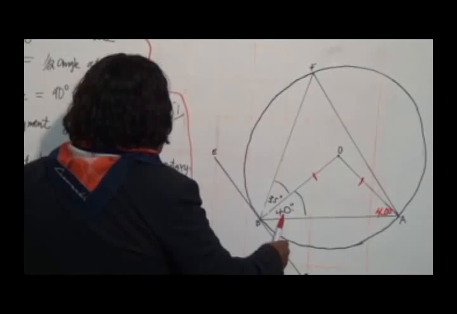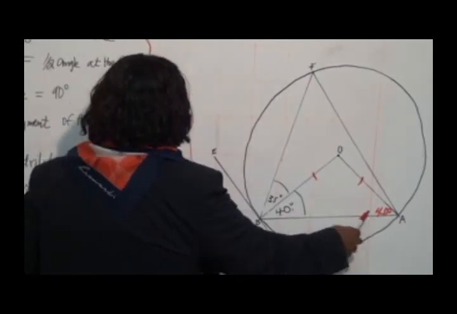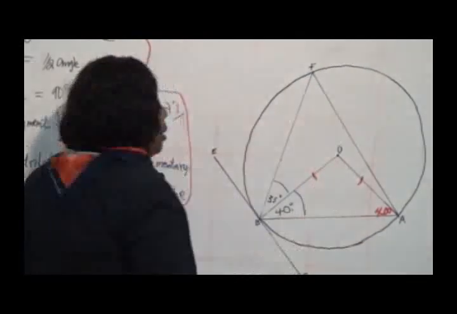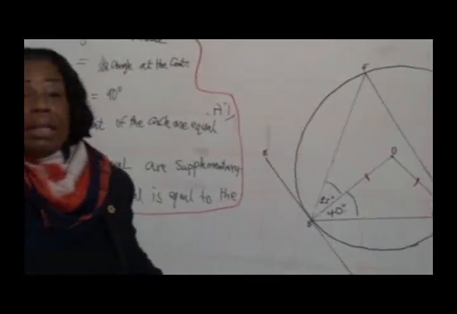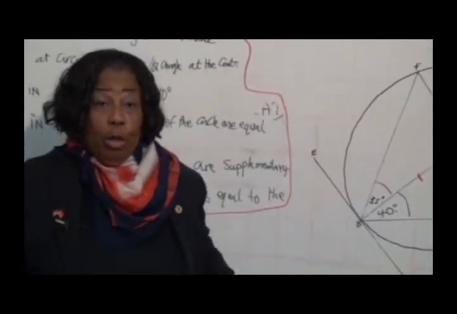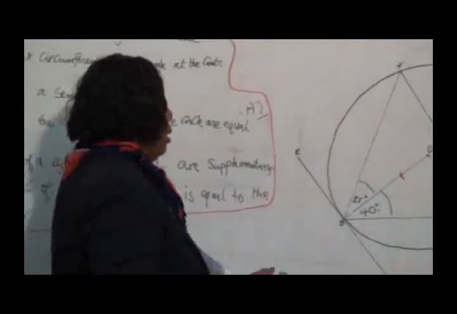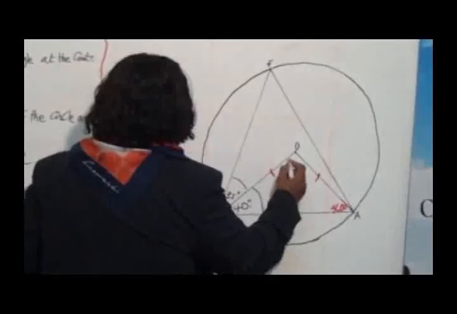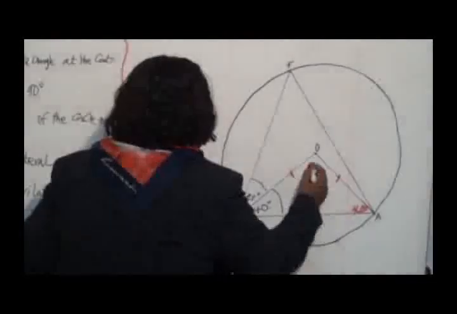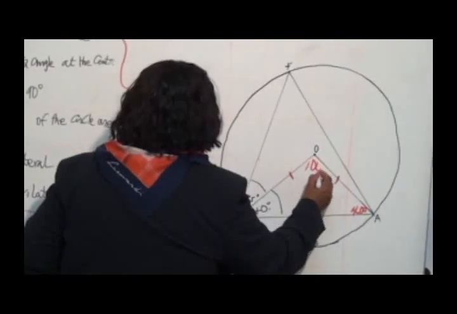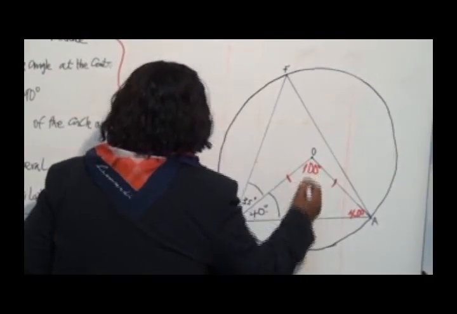The two angles add up to 80 degrees, and the sum of the angles in any triangle is always 180 degrees. So if we've given away 80 degrees already, the portion left for this angle would be 100 degrees.